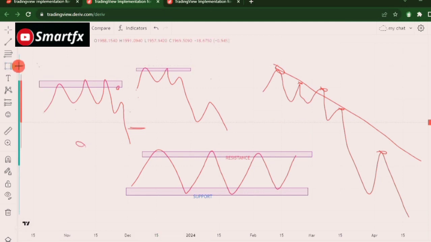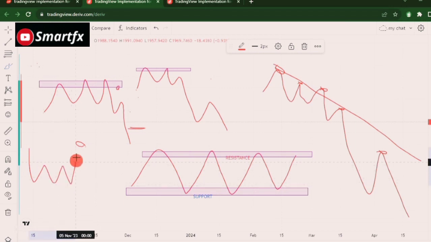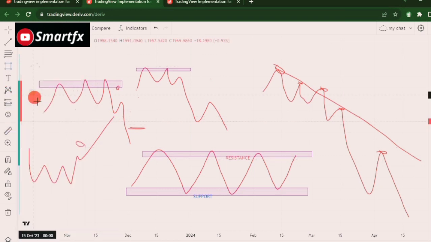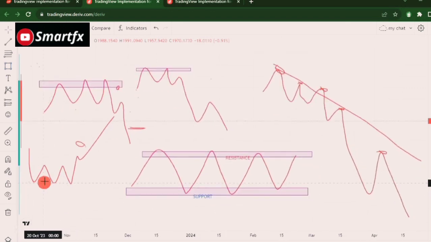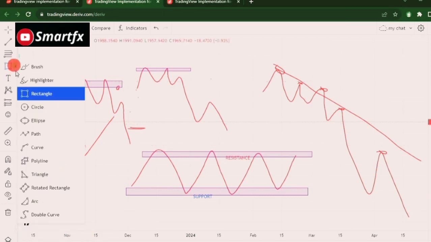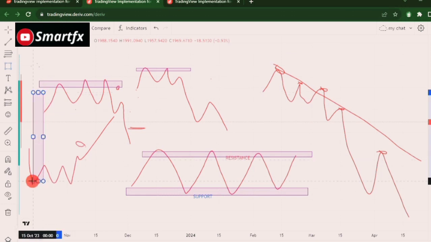If you just come here, so this is a triple bottom. It's a bullish reversal pattern.